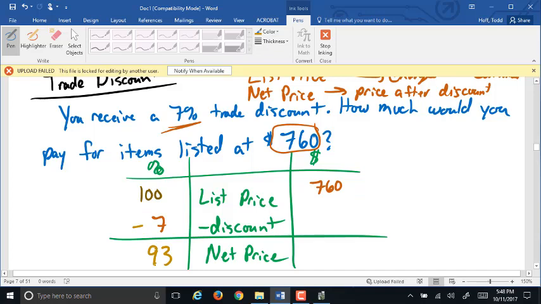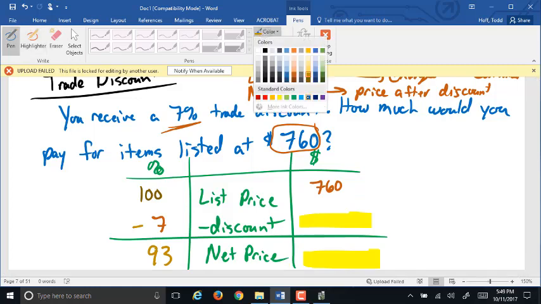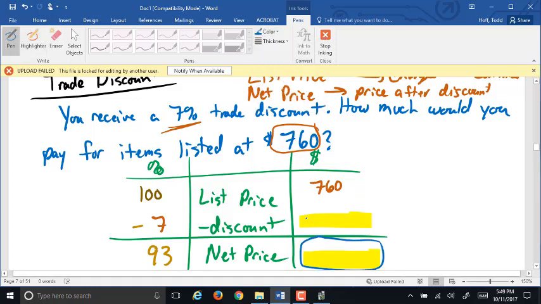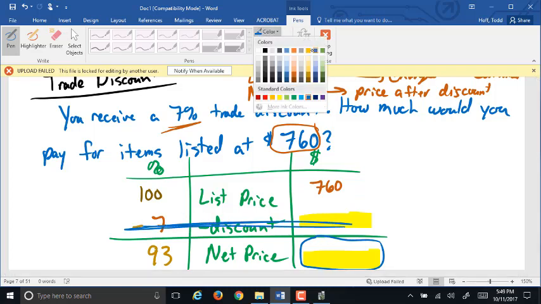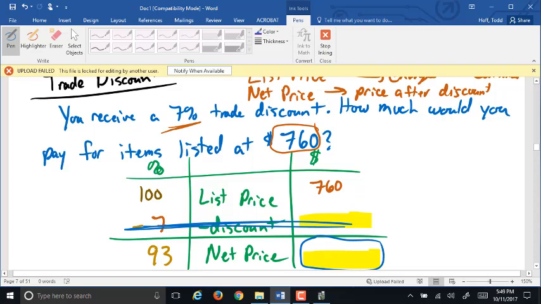Now, we have two possible things we could be looking for. Are we looking for the amount of the discount or the actual net price? We're actually looking for the net price. So this is what we want right here. So we're going to ignore this middle row. And what are we going to multiply?